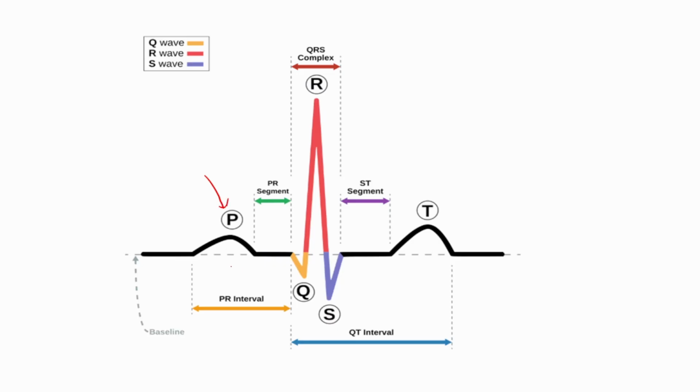You might get confused listening to the word depolarization, but you can just understand depolarization means the atria are starting to contract. So simply, this P wave means atrial contraction through depolarization. Then comes the QRS complex. This signals ventricular depolarization and contraction. Look how huge this looks on the graph.